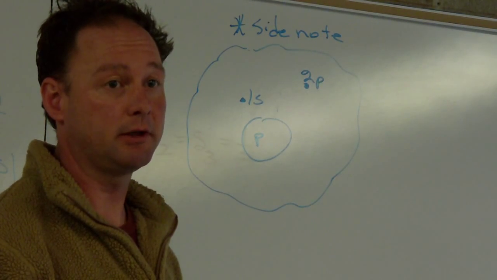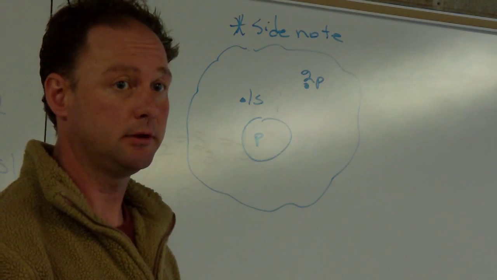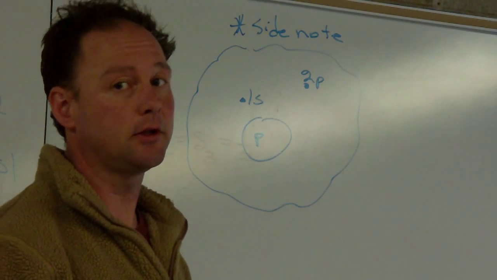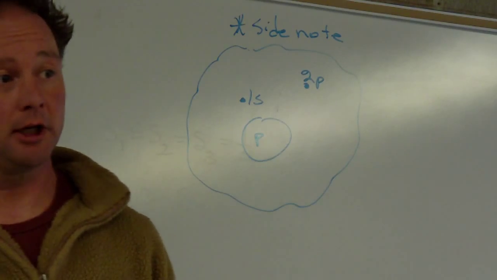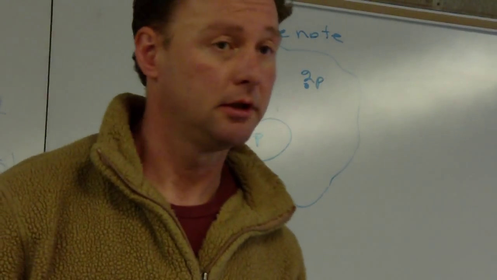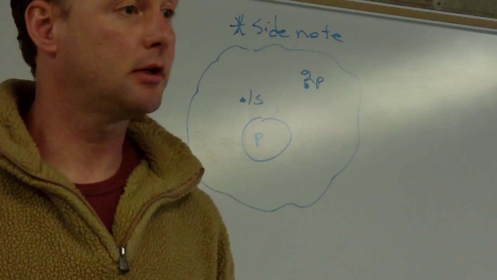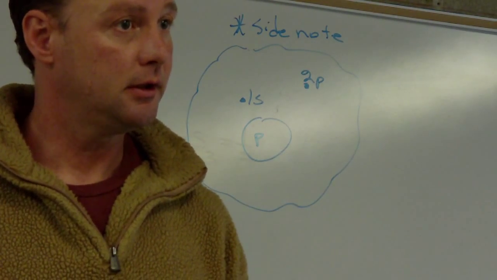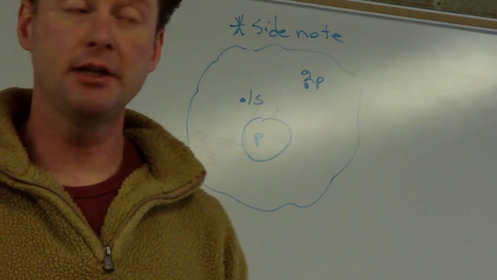Because now I've got 2 angular momenta and I've got 2 spins. So there are different types of what are called coupling schemes. One of the schemes is called LS coupling, and the other is called JJ coupling.